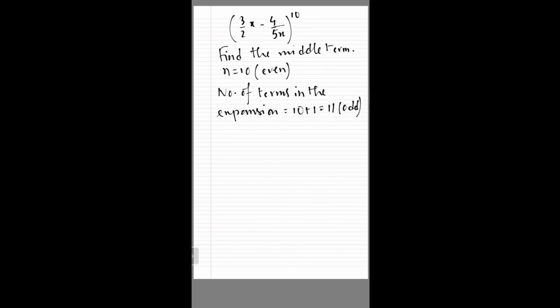And since the number of terms is odd, there will be only one middle term, and that middle term will be T_{(11+1)/2}, that is T_{(n+2)/2}. So here it is T_{12/2}, that means T6, and T6 we can easily write as 10C5 (3/2 x) to the power 5 and (minus 4/(5x)) to the power 5.